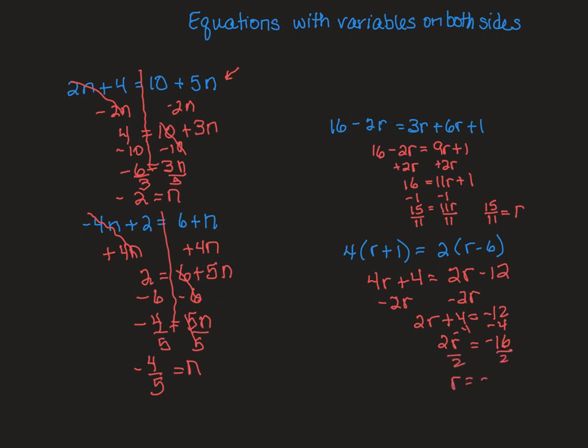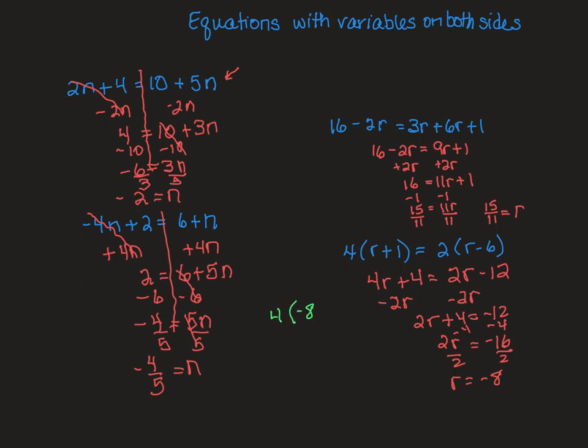R equals negative 8. Okay, and in this case, I'm actually going to do a check. So I just want to make sure you remember how we do that. R is negative 8. So what I'm saying is that 4, and everywhere there's the r, I'm going to put a negative 8.